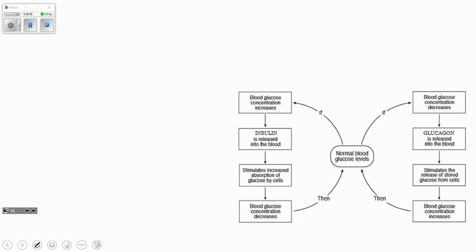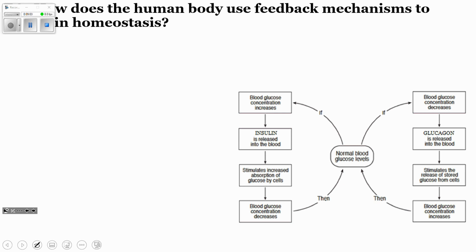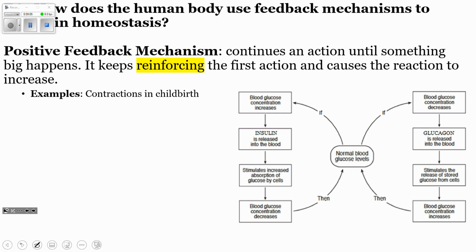Over on the right, we have an example of a feedback mechanism. Now, there are two types of feedback mechanisms. The first is referred to as a positive feedback mechanism. Let's say that you are in labor, for example. What happens is that your body increases the production of a hormone. When your body produces this hormone, this is going to cause an increase in contractions.